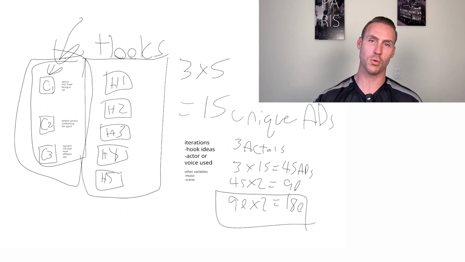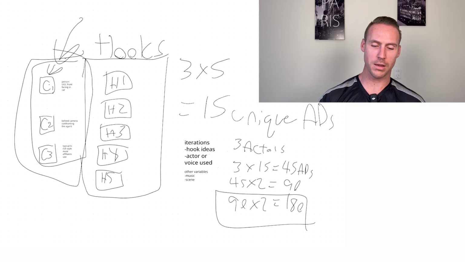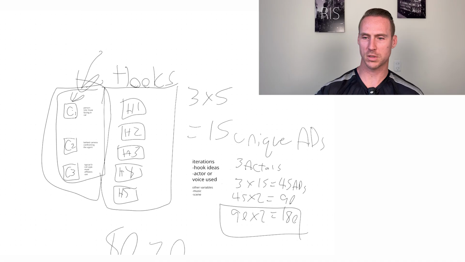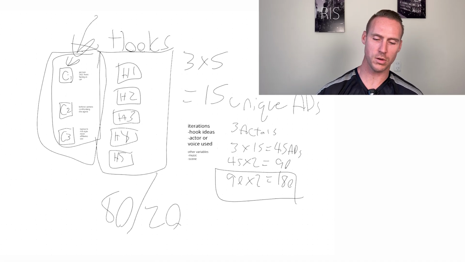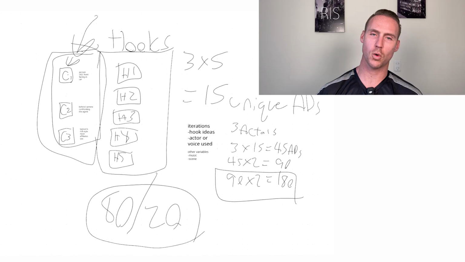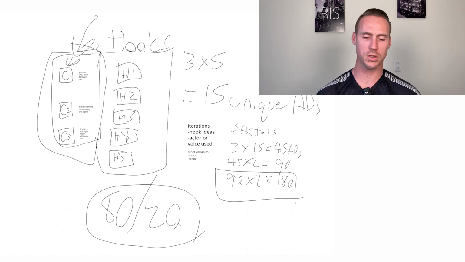Another thing I just want to leave you with is it should really be an 80-20. There you go, 80-20. You see here. It should be 80% or more iteration and 20% or less of new creative concept testing. I learned this; we were at 70-30, 50-50 on this, pushing new concepts just as much as iterations.